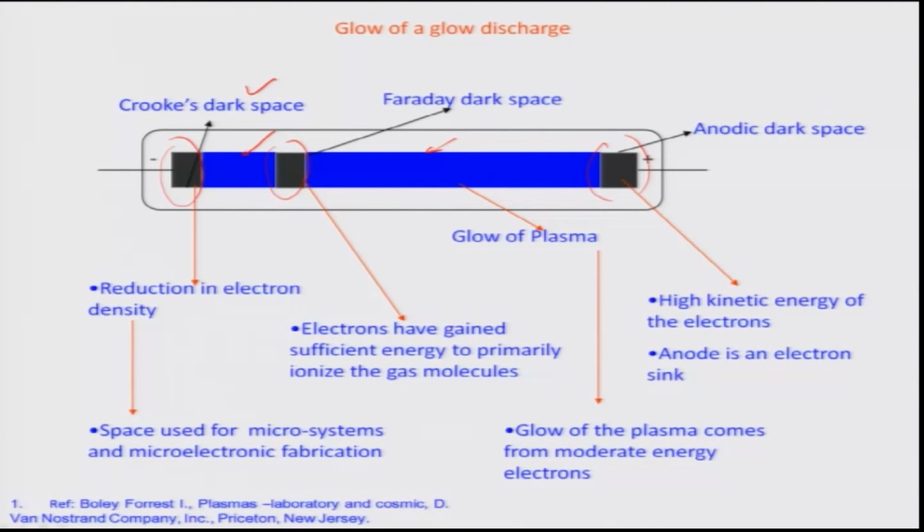Obviously the electrons which are coming out of the cathode are highly energized, and they are responsible for creating ions rather than moderate energy species.